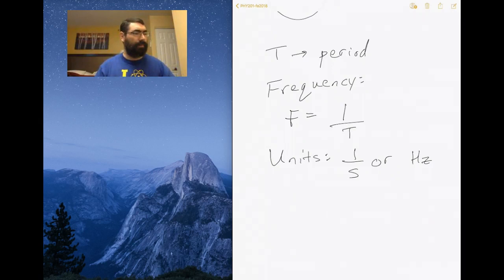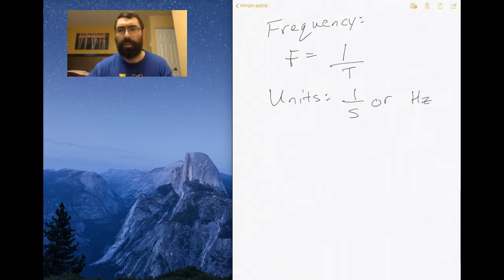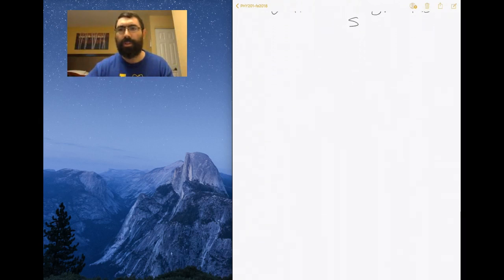Okay, so the last thing I can say in this section is, what if we're trying to build up an equation, a mathematical way of describing this oscillatory motion.